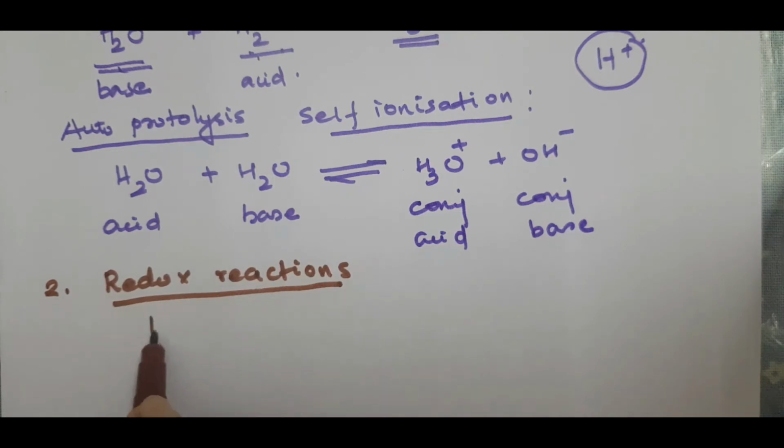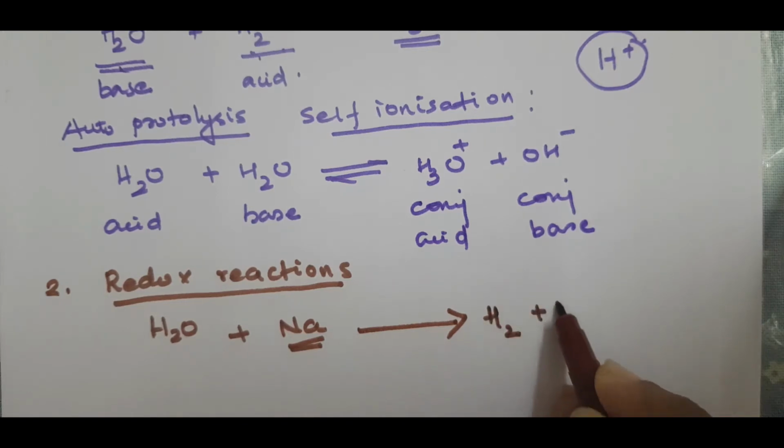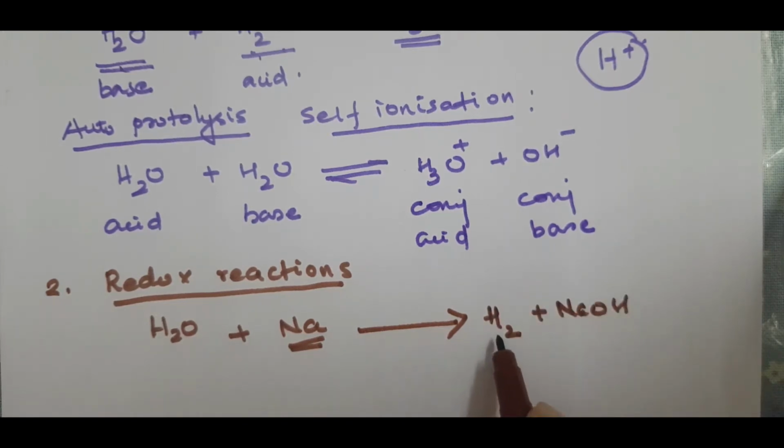Now, for example, when water reacts with highly electropositive metals, what does that mean? S block elements, group 1, that is alkali metals, which are highly electropositive metals. So when water reacts with the highly electropositive metals, this water gets reduced to hydrogen.